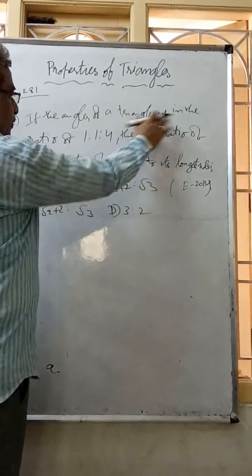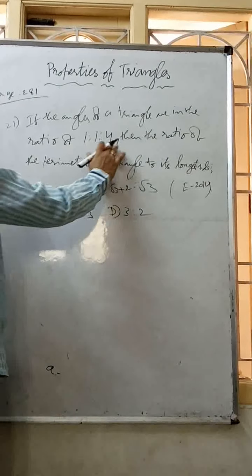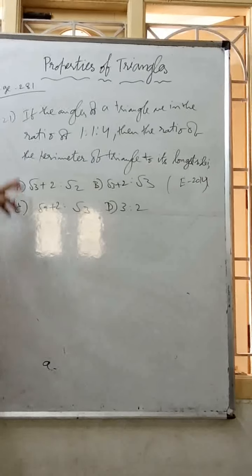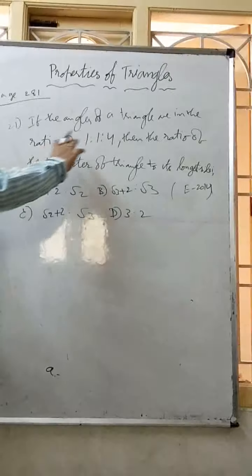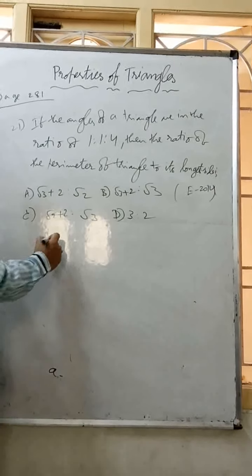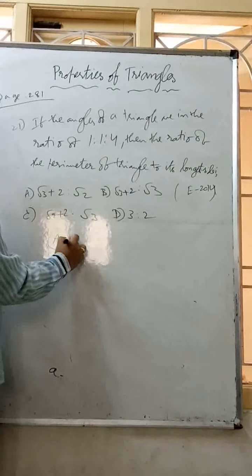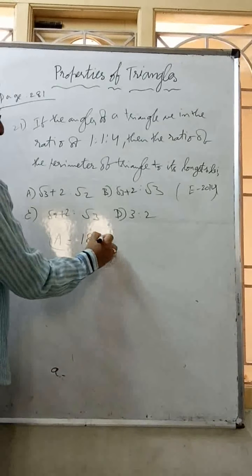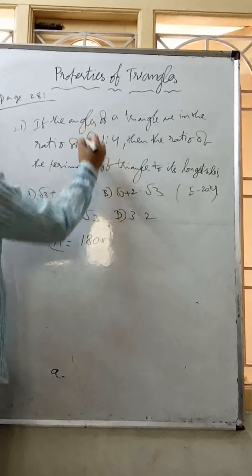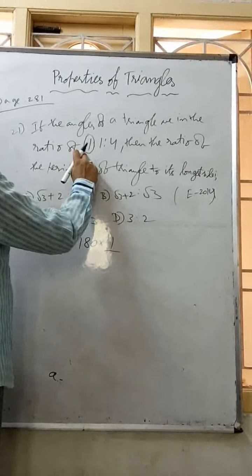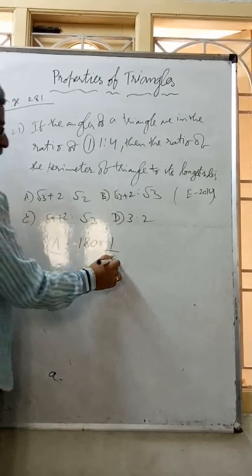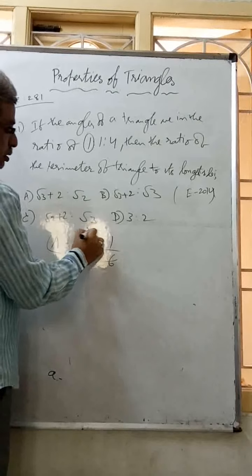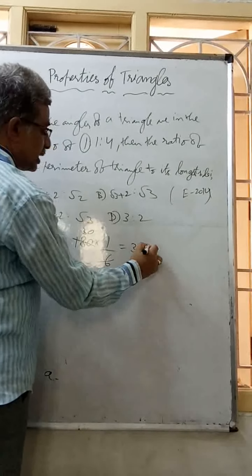If the angles of a triangle are in the ratio of 1:1:4, then find the ratio of the perimeter of the triangle to its longest side. It is giving angles are in the ratio of 1:1:4, means angle A equal to 180 into 1 by the total ratio, 1 plus 1 plus 4, 6. So angle A equal to 30 degrees.